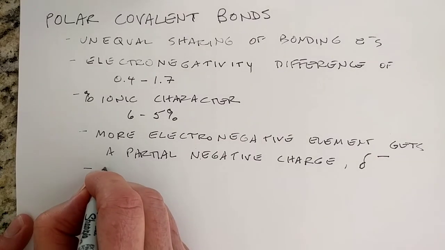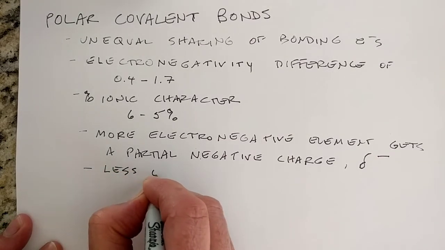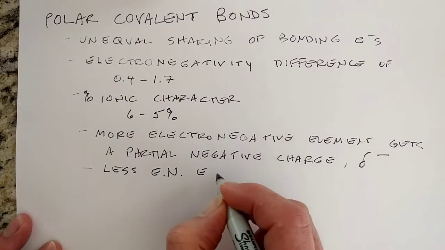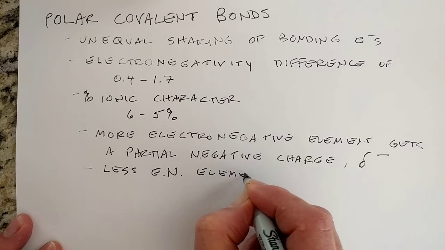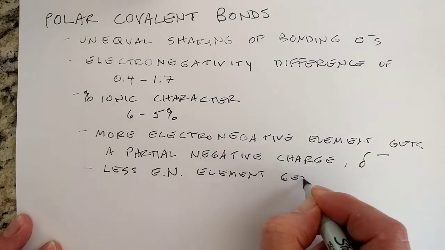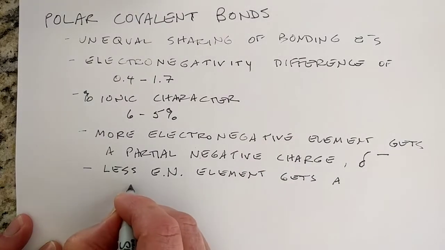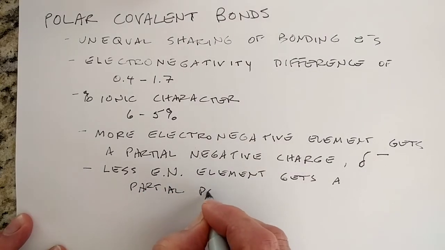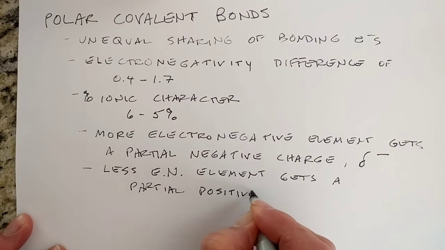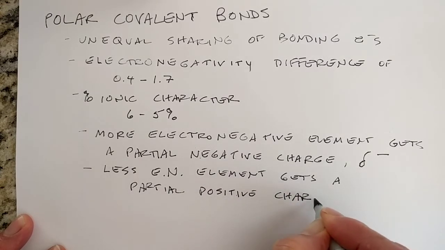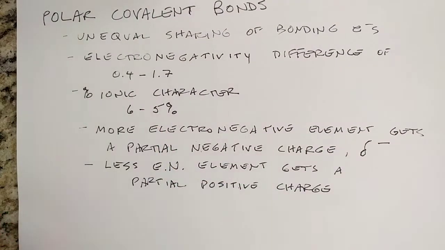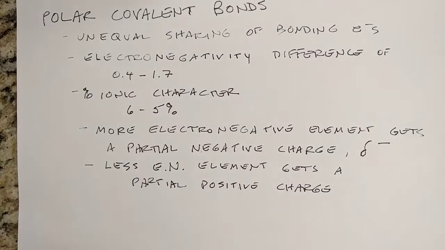And then the less electronegative element, we'll just use En for electronegative, gets a partial, of course the opposite, positive charge, because those electrons are being pulled away from it by the more electronegative, the stronger element.